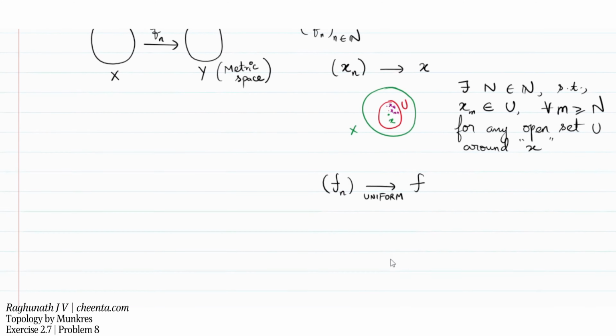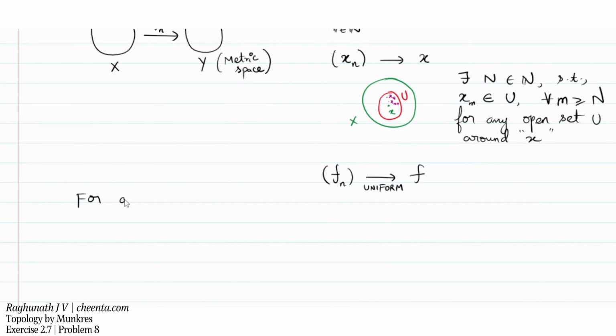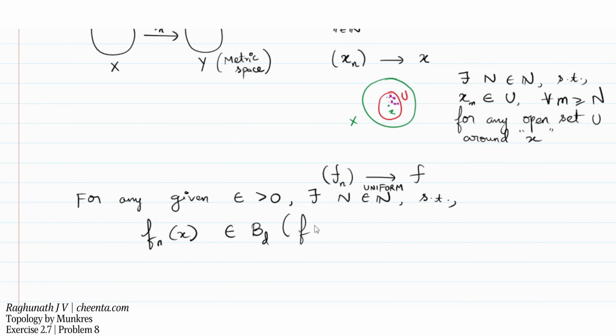So that means, for any given epsilon greater than 0, there exists capital N in natural numbers such that fn of x belongs to the open ball around f of x with a radius of epsilon for all n greater than or equal to N, and all x in capital X.